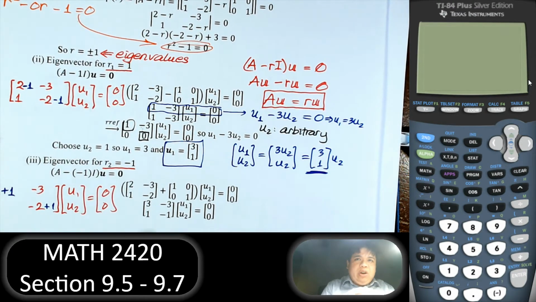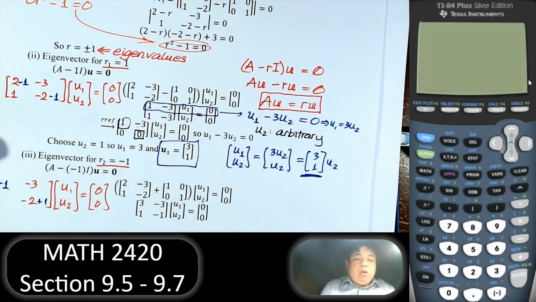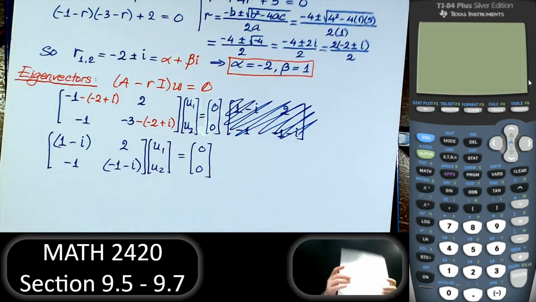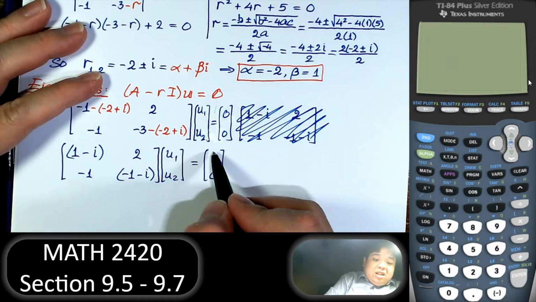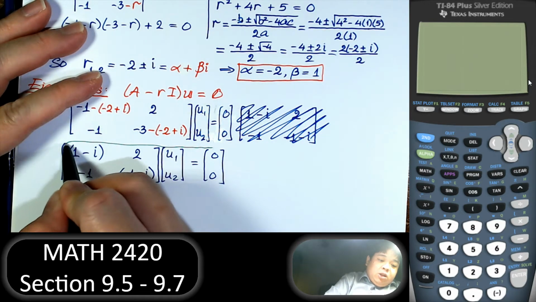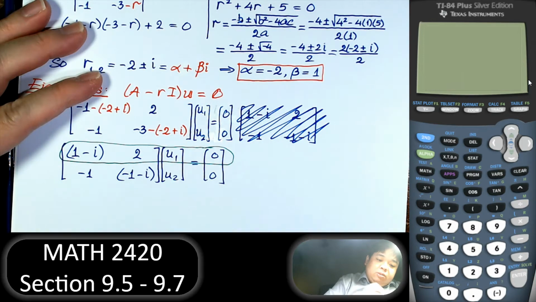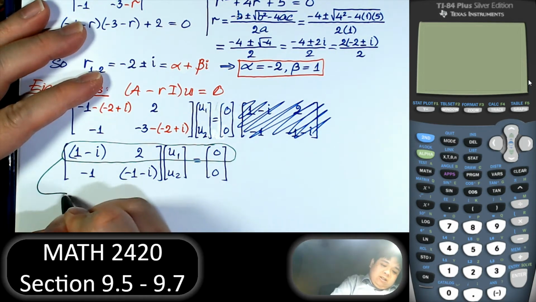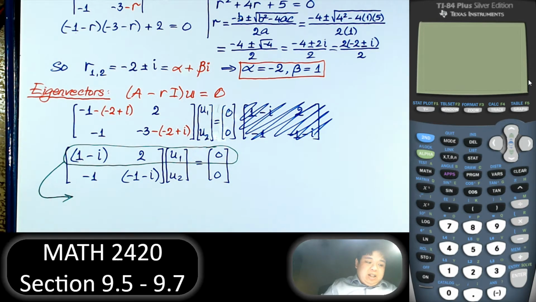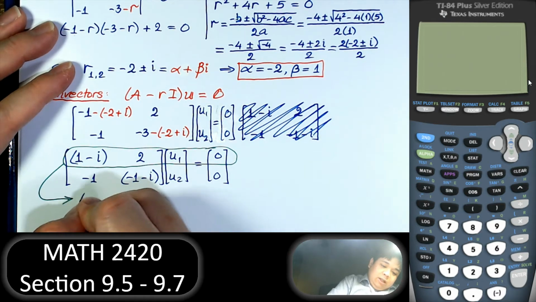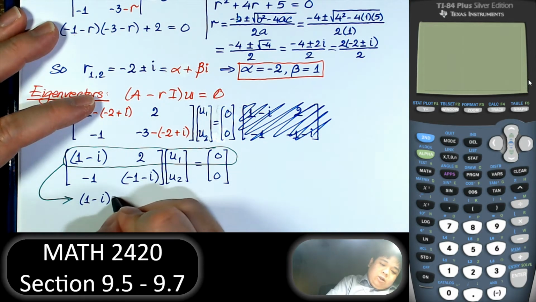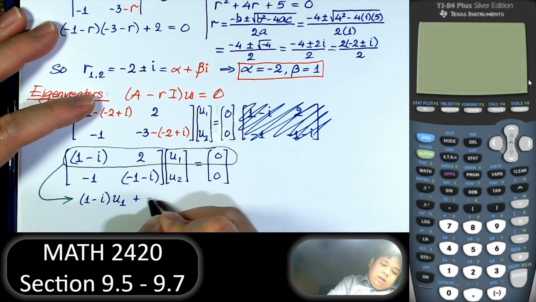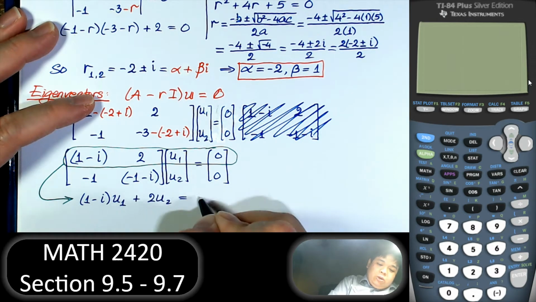So we don't need to do reduced row echelon form for 2 by 2, because the two rows are practically the same. So we can just take this row: 1 minus i times u1 plus 2u2 equal to 0.